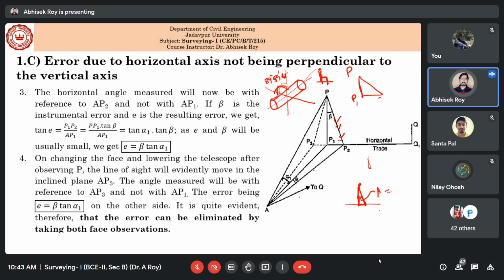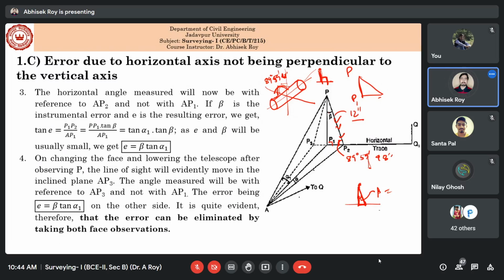You remember this angle, ideally it should be 90 degree, but it is not 90 degree, it is making say 89 degree, 59 minutes, 48 seconds. So from 90 degree, that means this error will be how much? 12 seconds, right?